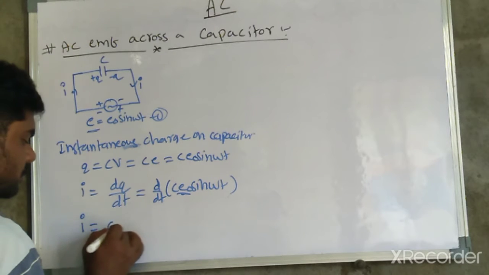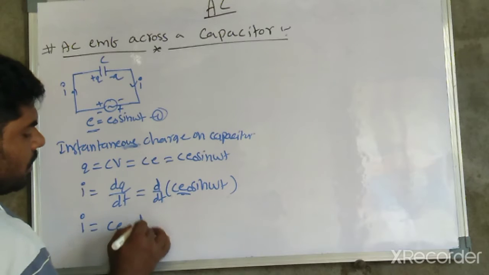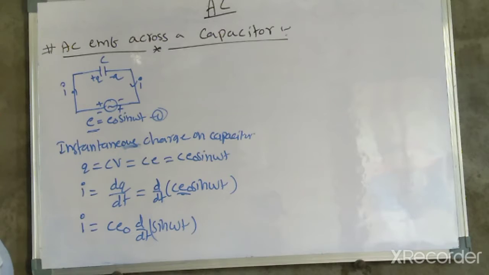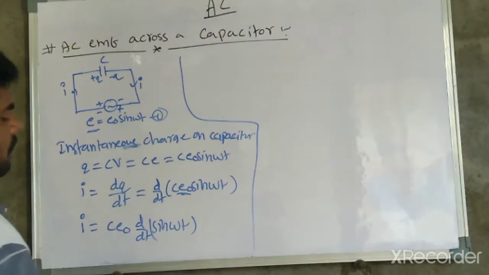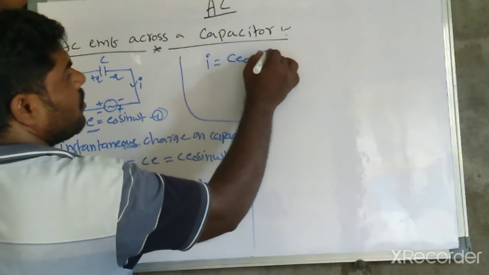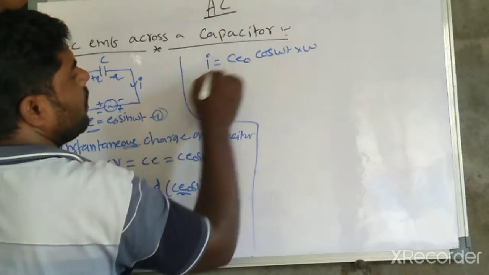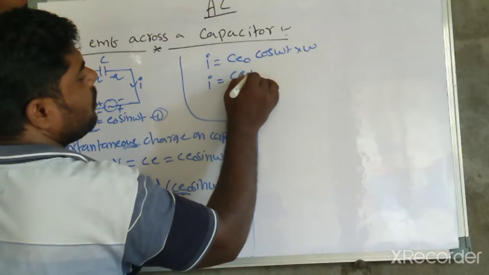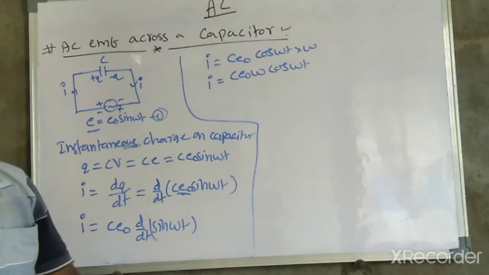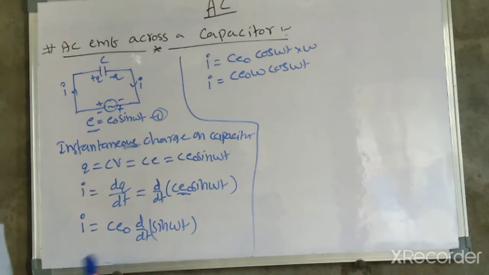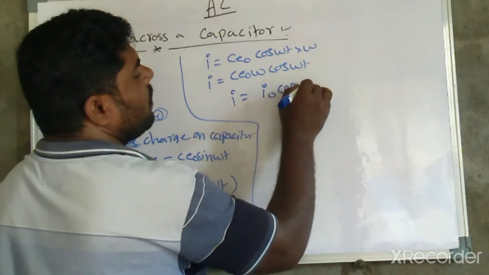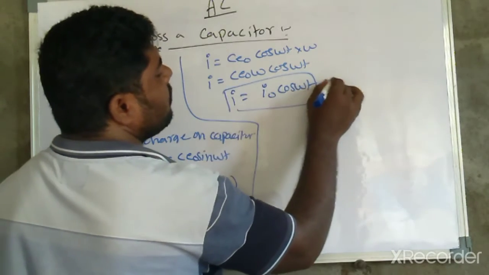I is equal to C into E naught into d by dt of sine omega t, which gives C into E naught into cos omega t into omega. So I is equal to C E naught omega cos omega t, that is I is equal to I naught into cos omega t. This is equation number 2.